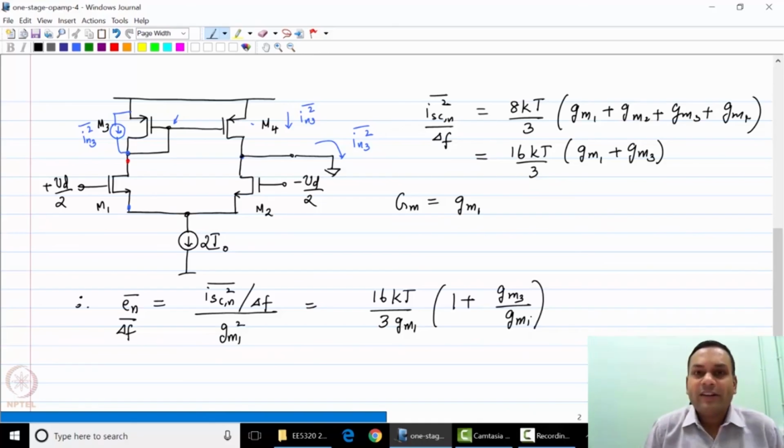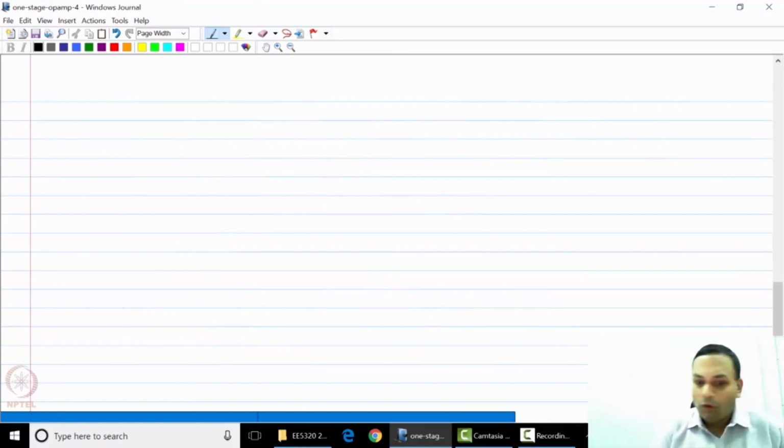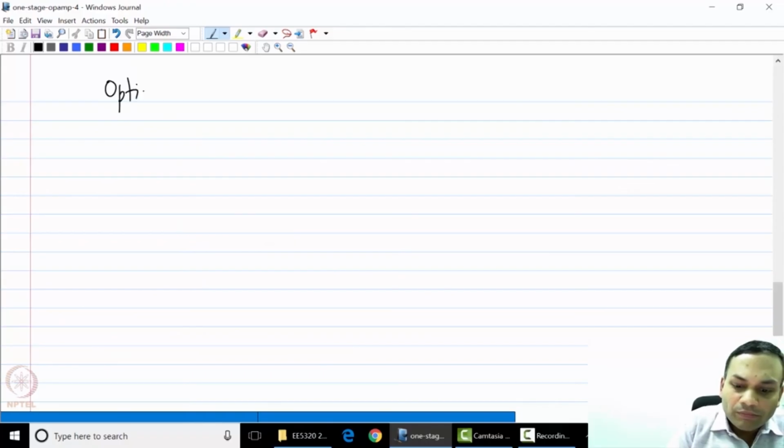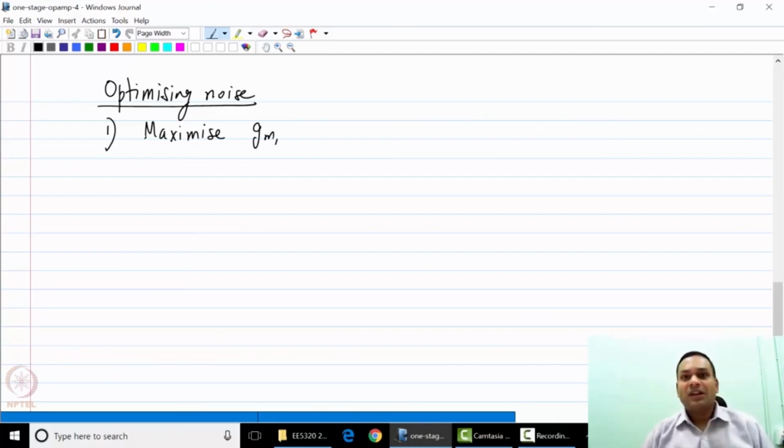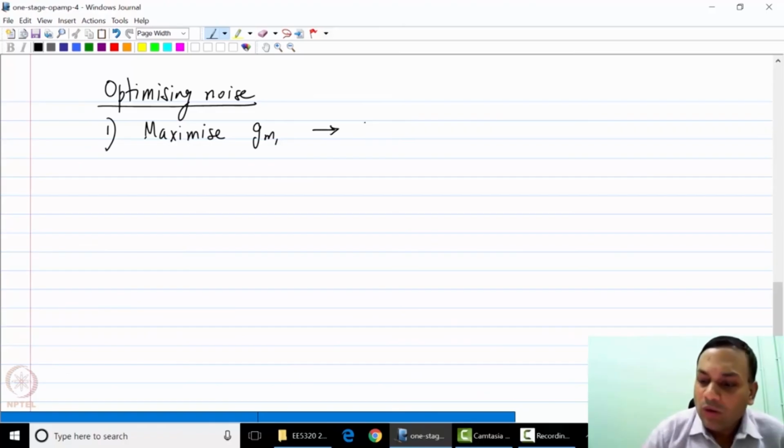Now the important thing for us is to understand how to reduce noise, because that is going to be critical to maintain the SNR of the signal. As far as optimizing noise is concerned, the first thing you need to do is clearly make the value of GM1 larger, so the noise will be lower.